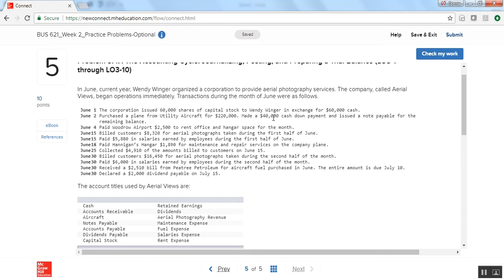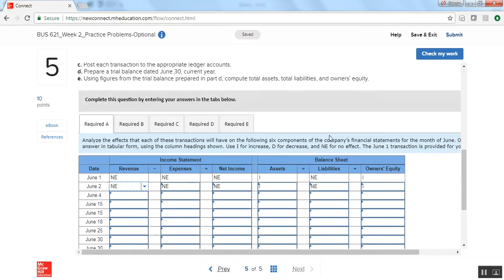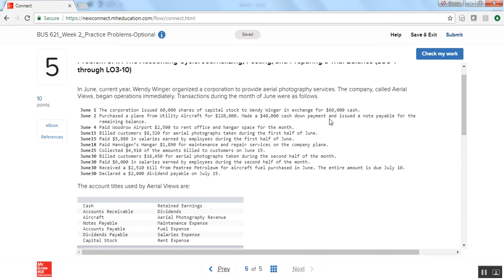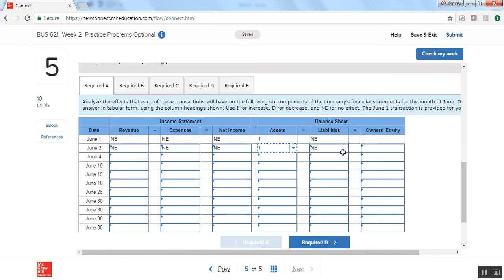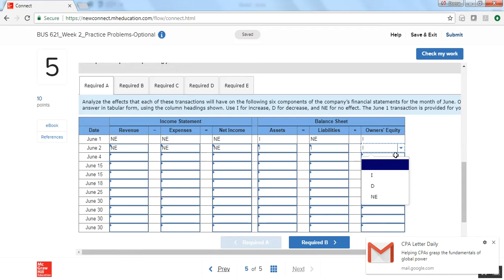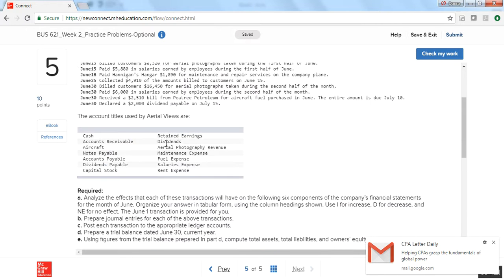However, they're also going to go down by 40,000 for the cash. So the net impact on assets is an increase of 180,000. Our liabilities are also going to go up 180,000. And everything else is going to have a net impact of 0 or no effect.